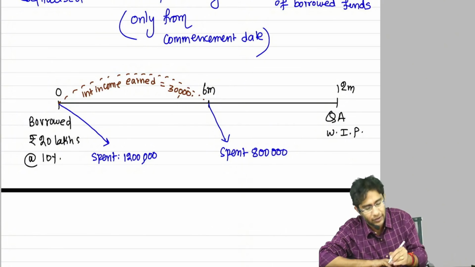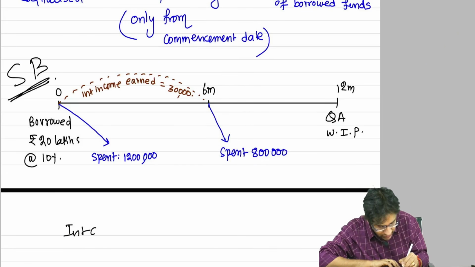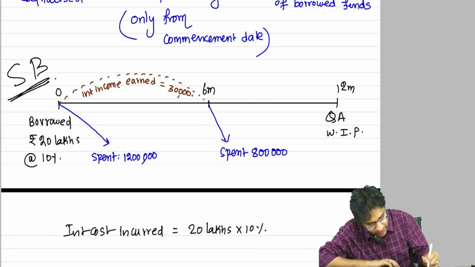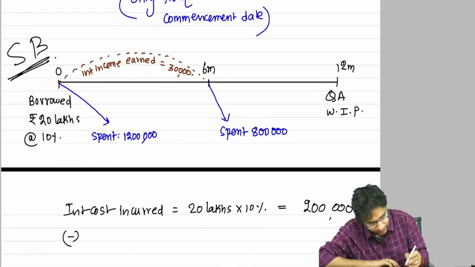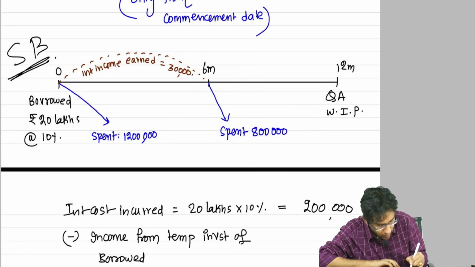Since this is a specific borrowing, interest cost incurred is equal to 20 lakhs into 10%, which is equal to 2 lakhs, minus income from temporary investment of borrowed funds, 30,000.